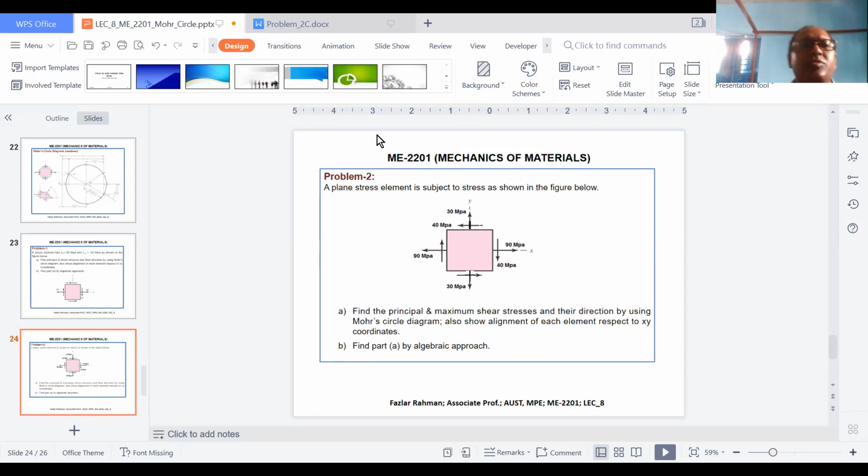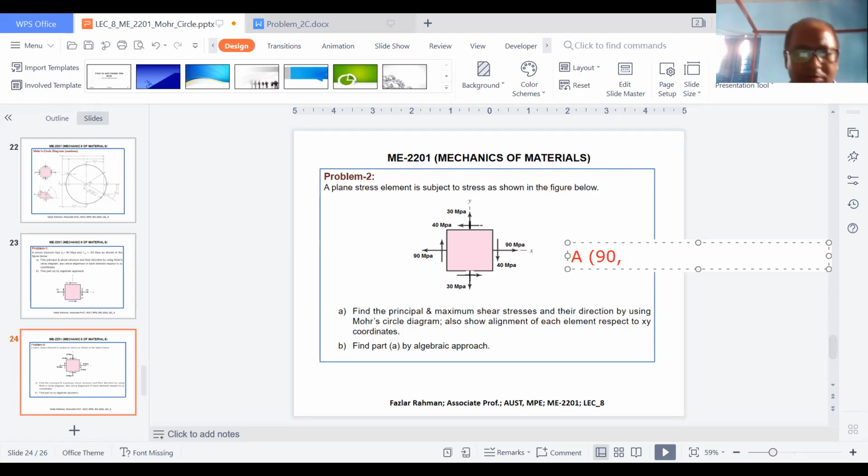Okay. So what will be my coordinate of A? Coordinate of A, that means this point right over here. This will be A, comma, plus sigma. Sigma tension over here, tension. So it is positive, 90, comma, then I look for tau.